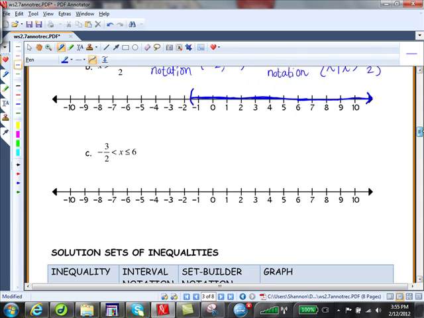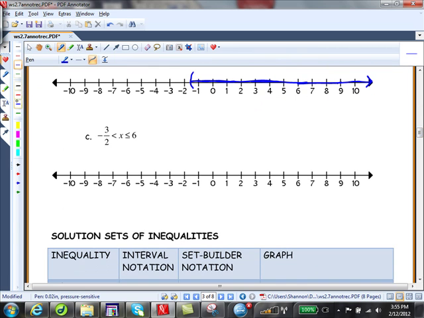So if you look at them, we had said that x had to be greater than negative 3/2, and less than or equal to the 6, and then everything in between also works. And so this is the solution set here.